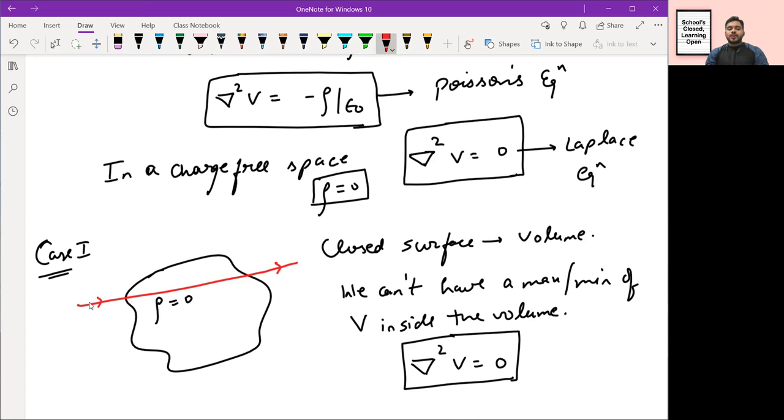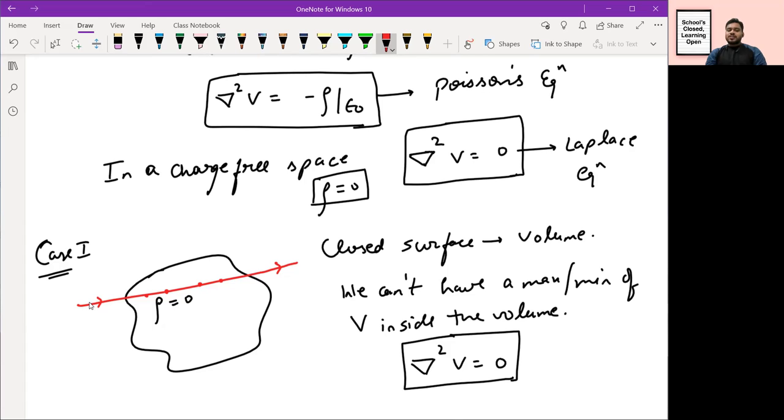And we know that in the direction of electric field, potential decreases. We already know the fact that in the direction of electric field, potential decreases. So at any point within this volume, we can always say that the potential is decreasing along the electric field line, correct? So potential cannot have a maxima or minima within the volume.